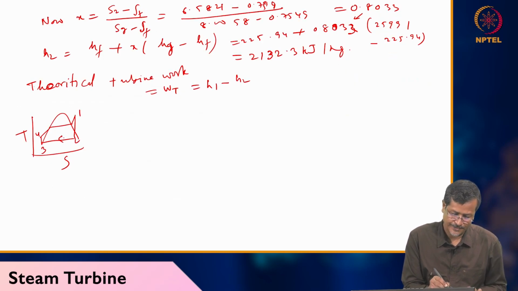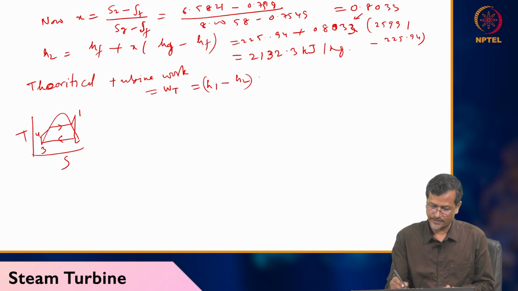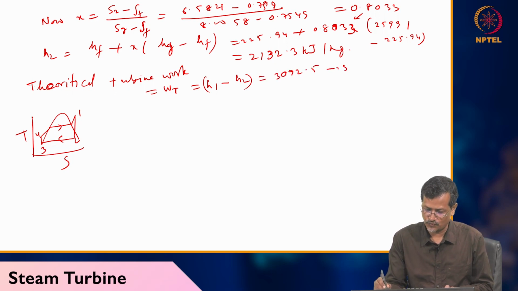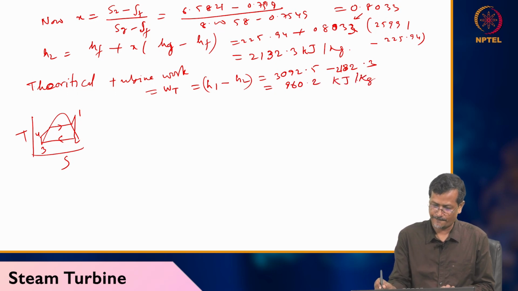So I am getting H1 minus H2 as the turbine work. It is 3092.5 minus 2132.3. This gives 960.2 kJ per kg.